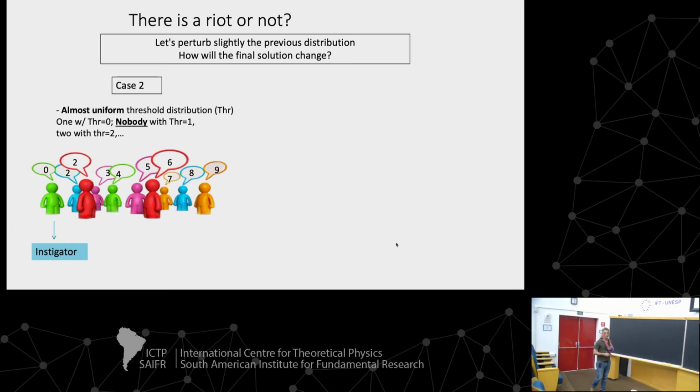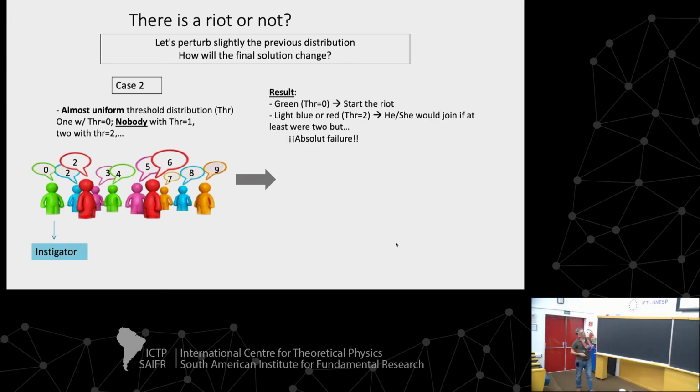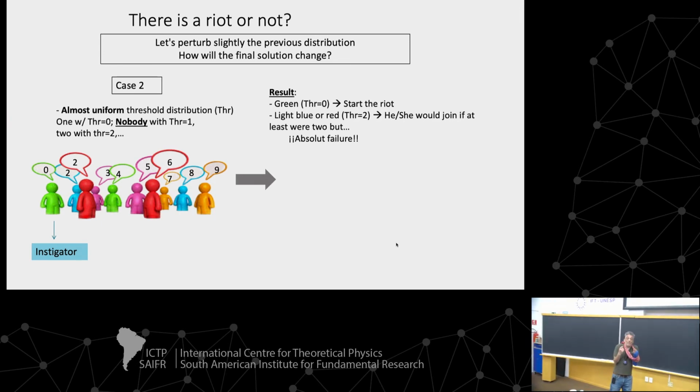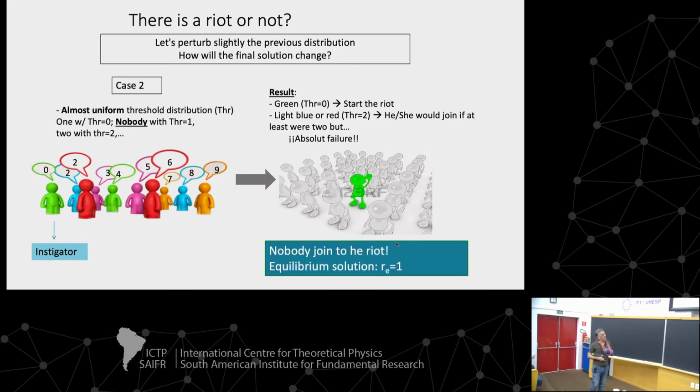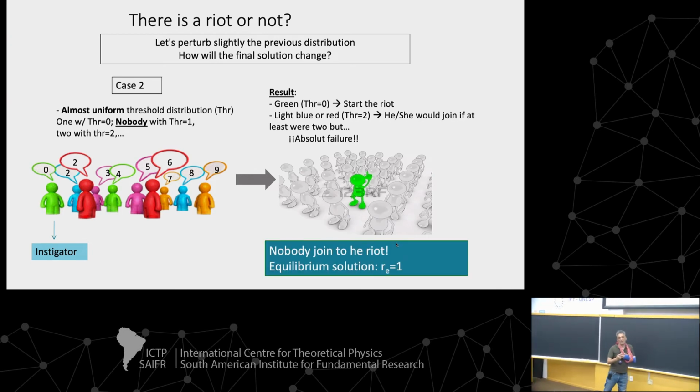The instigator takes a stone and starts the riot, and there is nobody with threshold 1, so the one with threshold 2 is waiting for other people to join the riot, so nothing happens. These are crazy people, but nobody joined the riot. The equilibrium solution is 1 among n.